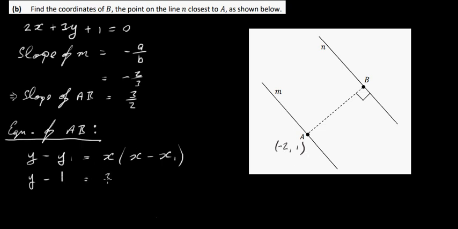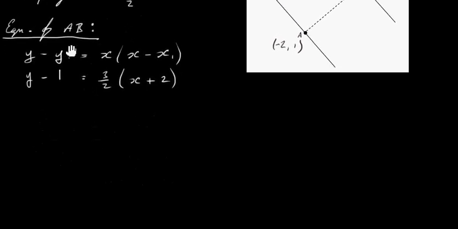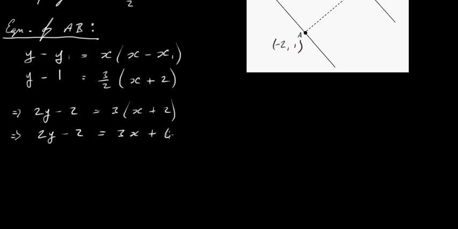The slope we just worked out is 3 over 2, and we've got x minus minus 2, which is x plus 2. Next, I'm going to multiply across by 2 because we have this fraction here. So you get 2y minus 2 is equal to 3 times x plus 2. The 2 cancels on the right hand side. Let's multiply this out. We get 2y minus 2 is equal to 3x plus 6.